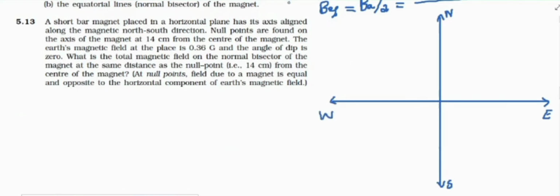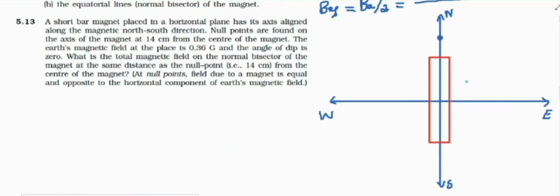Now the magnet is placed along the north-south direction. The bar magnet is placed in this way. Now the question says that the null point is obtained here. What is the direction of Earth magnetic field there?